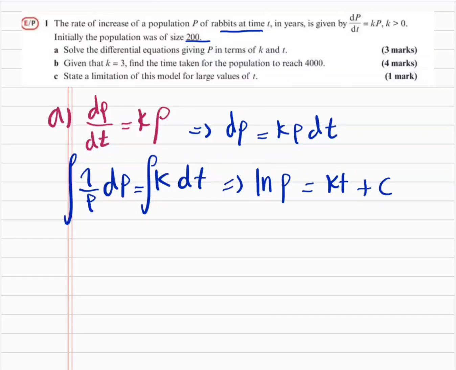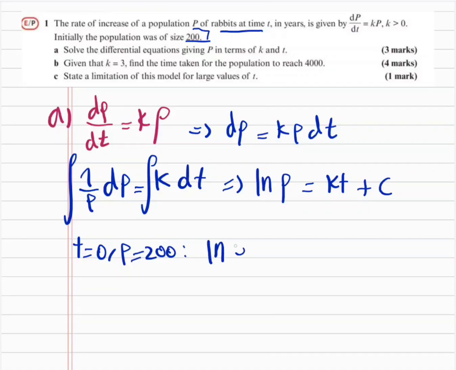Now remember that in part A, we want to find the value of the constant, because the equation has to give P in terms of k and t, so we need to find the value of c. We can use the fact that initially the population size was 200, so that means that when t is equal to 0, then P is equal to 200. Now we just need to substitute that.